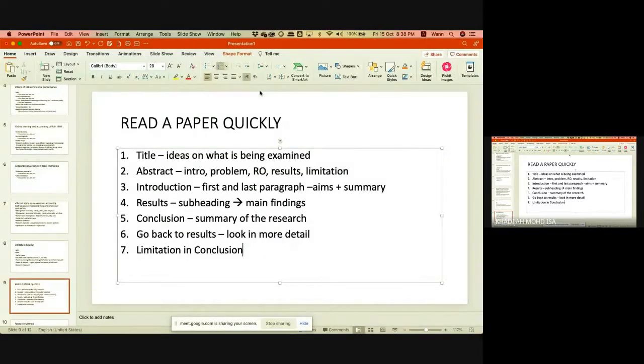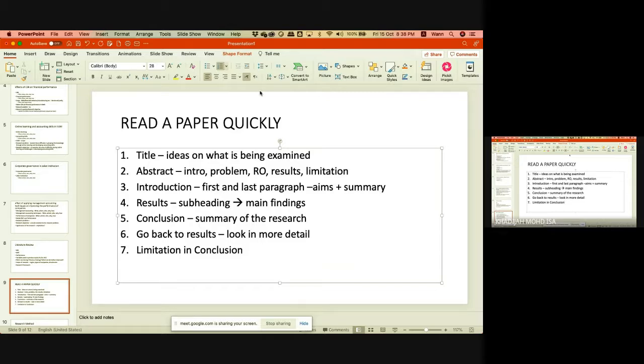Sometimes the limitation of the research will give you some ideas on how you can improve the research, and if you can improve that limitation, you can apply it in your paper.